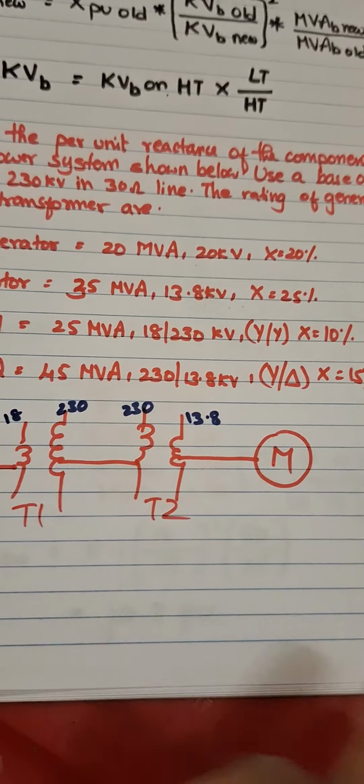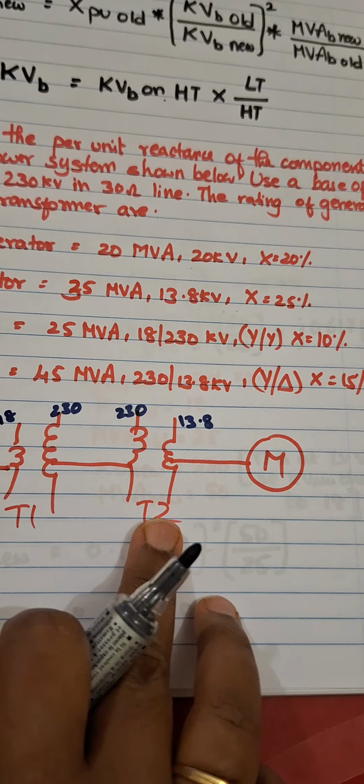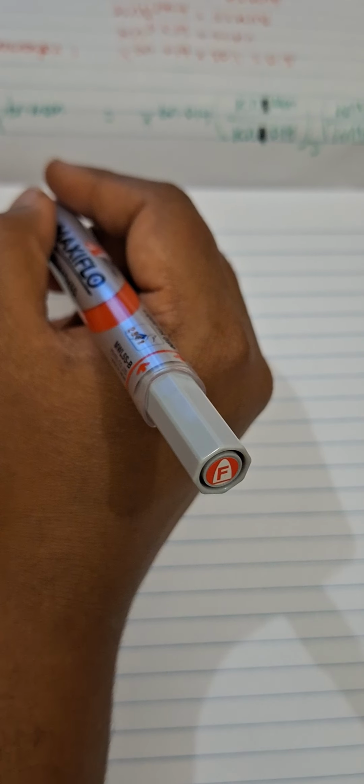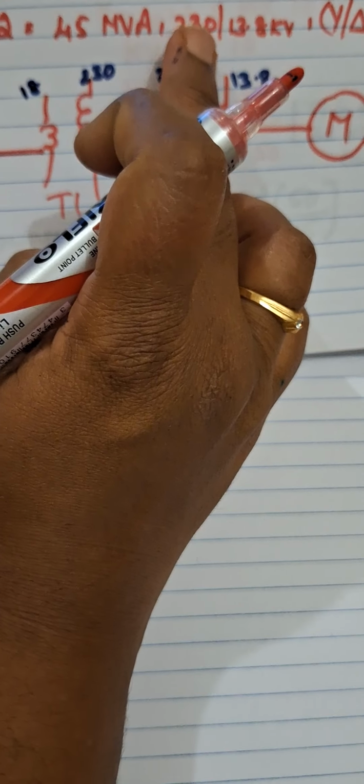Now we are done with the generator, we are done with T1. Now our next one is T2. So transformer T2, what are the values given? Same thing. Transformer T2: 45, 230, 15%.